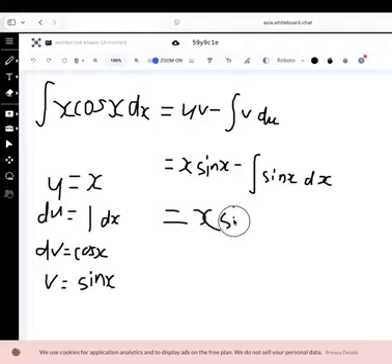So we have x sine x plus cosine x plus c. So this will be the final answer.